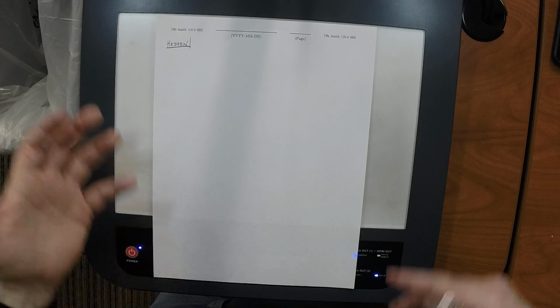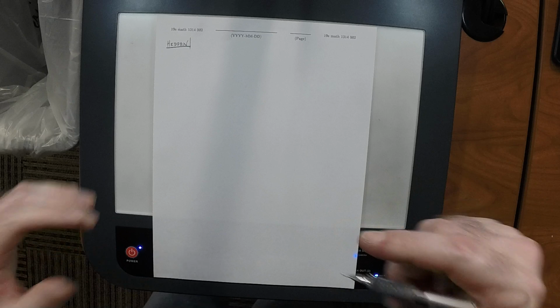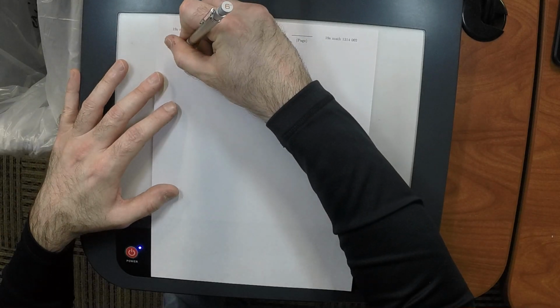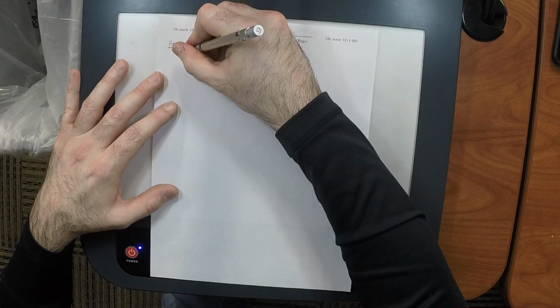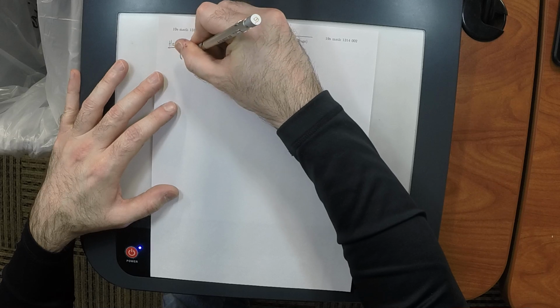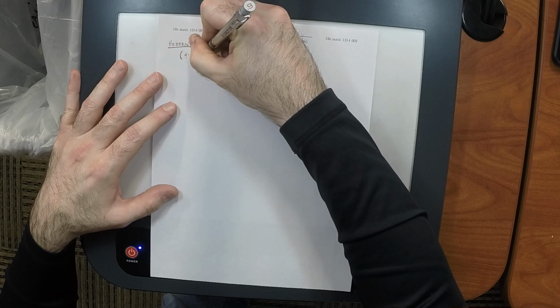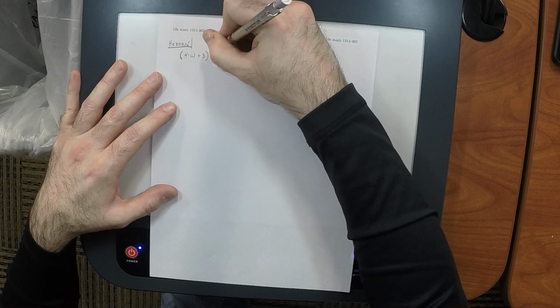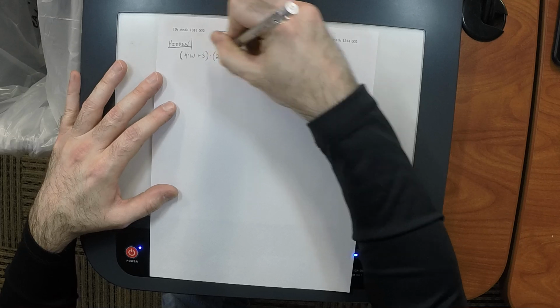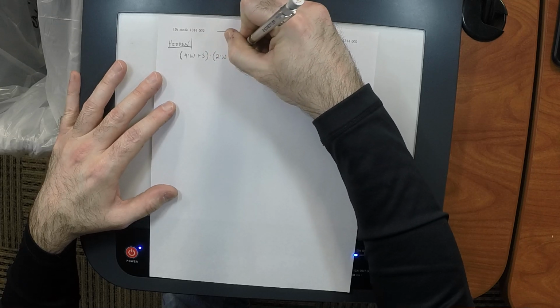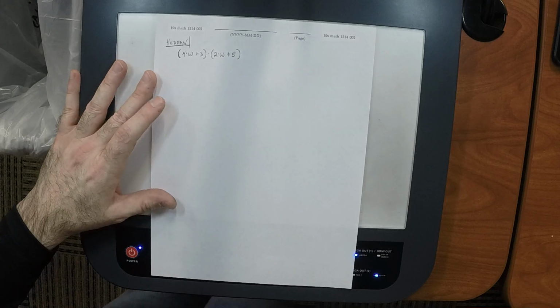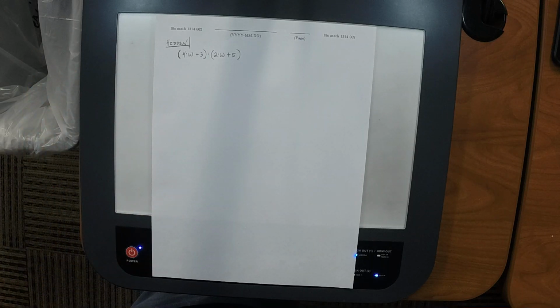So I'm going to choose the factorization here and now. I want the final bit of the answer to say 4w plus 3 multiplied by 2w plus 5. So that's the final bit.